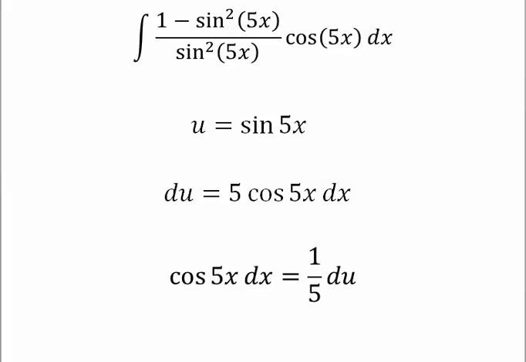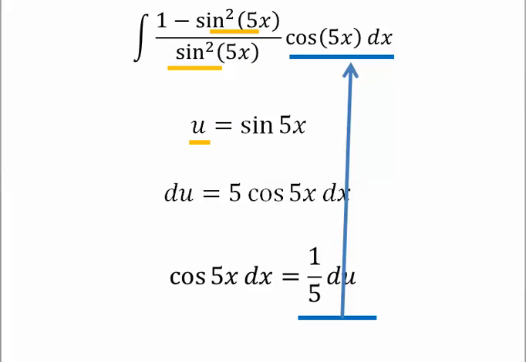Okay, it's time to do the substitutions. Instead of the sines, I'm going to put in u. And instead of the cosine 5x dx, I'm going to put in 1/5 du. You ready? Here we go.